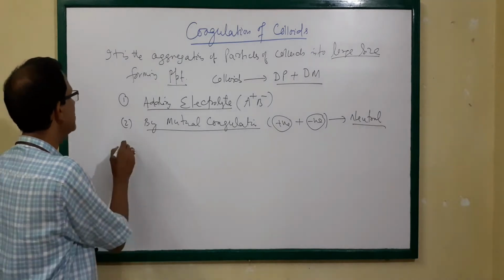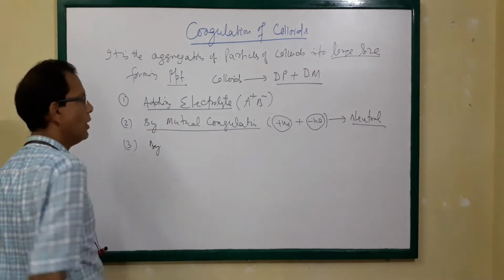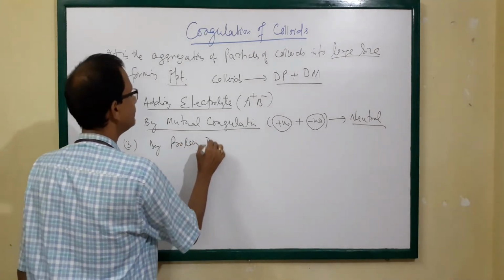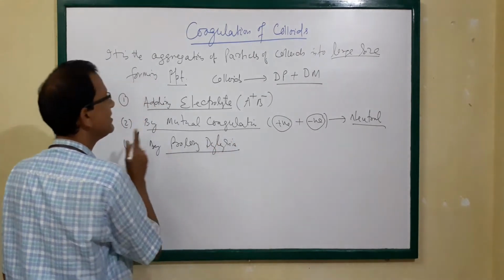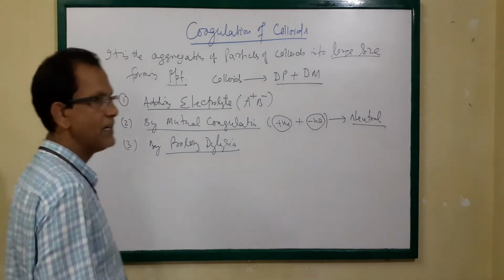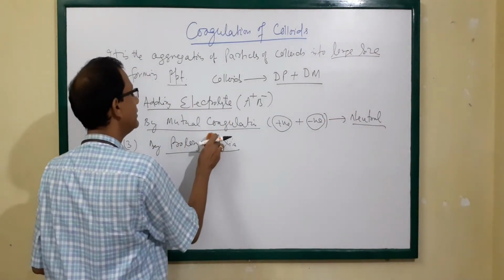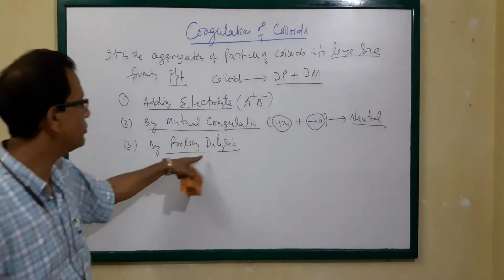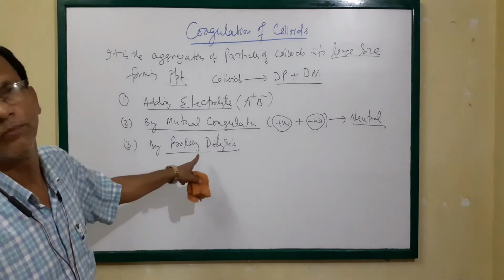Then third one is by prolonged dialysis. That means continuous dialysis. If continuous dialysis is done, it results in coagulation.